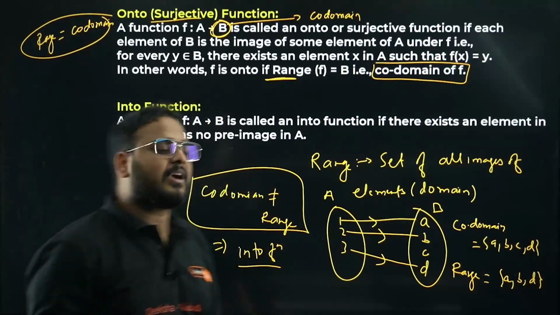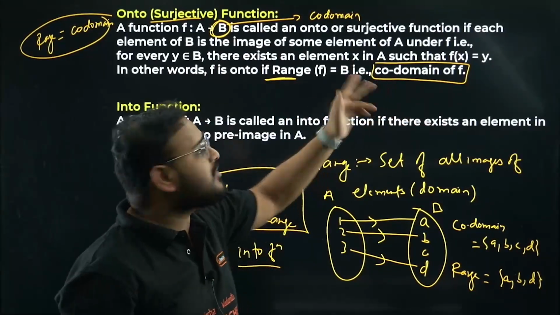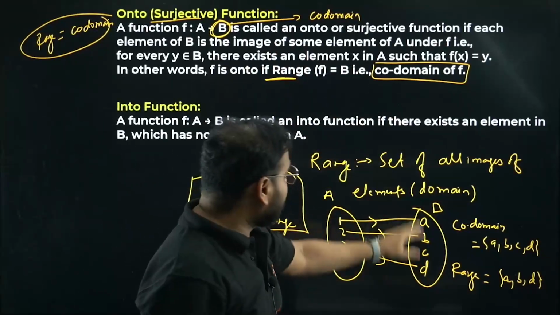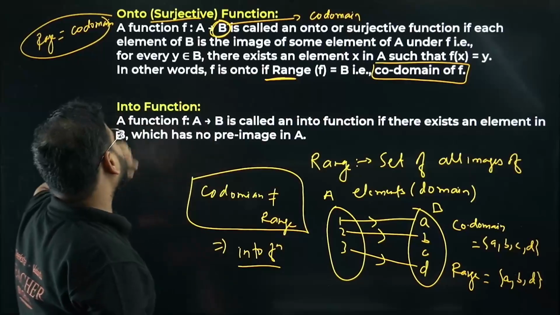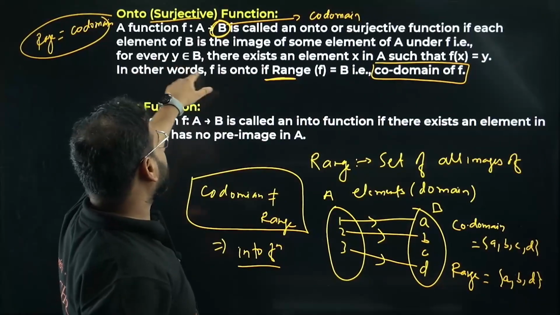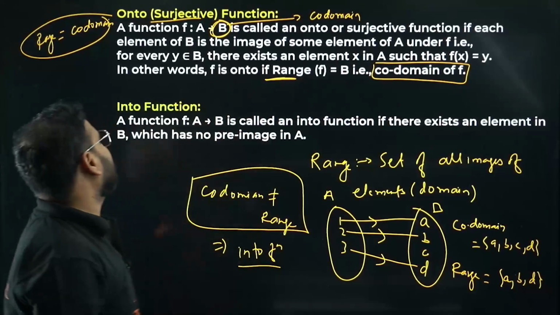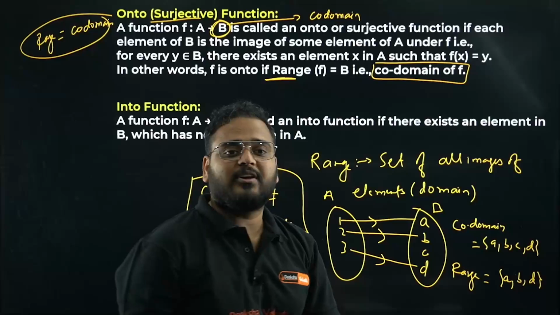Getting it? Please check. A function f from A to B is called onto or surjective, a different name for it, if each element of B is the image of some element of A under f. That is, for every element y belonging to B, there exists an element x such that f(x) equals y. In other words, f is onto if the range equals B, the codomain of f.